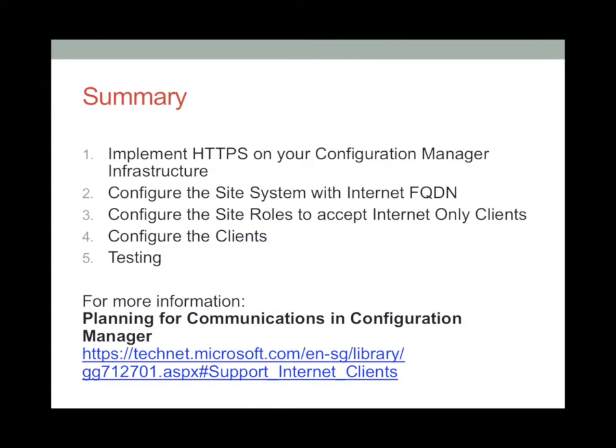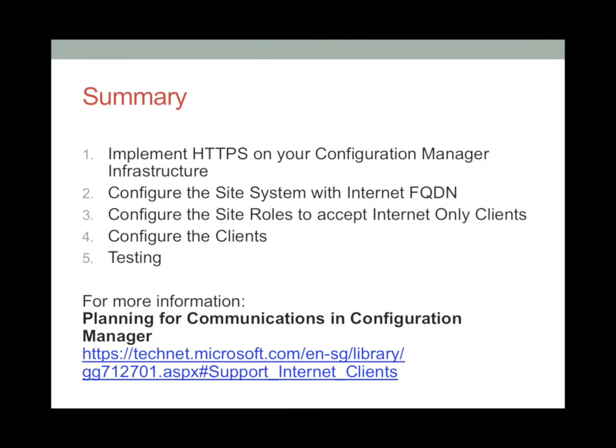So in summary, to implement internet-based client management on your configuration manager infrastructure, you need to remember the following things. First, you need to implement HTTPS on your configuration manager infrastructure. Then you need to configure your site system with an internet fully qualified domain name.